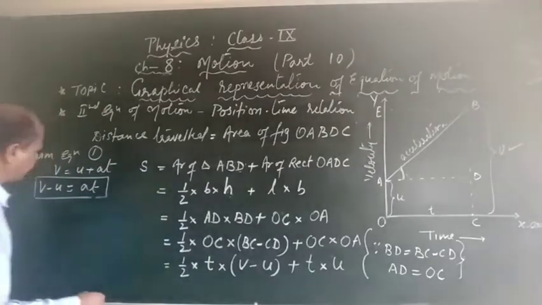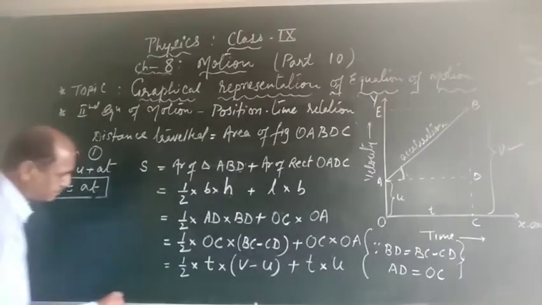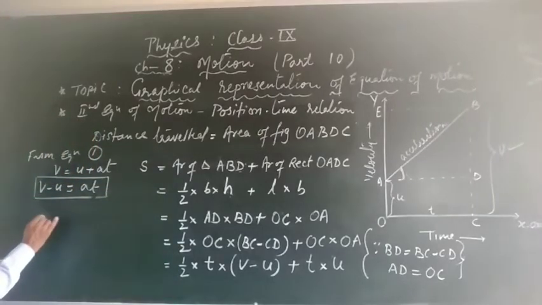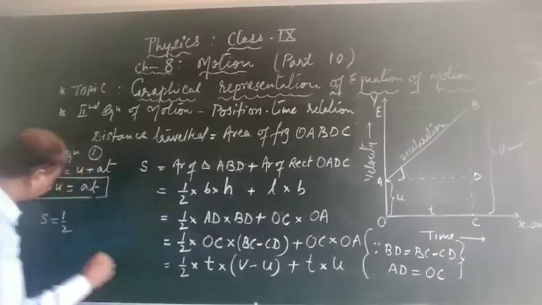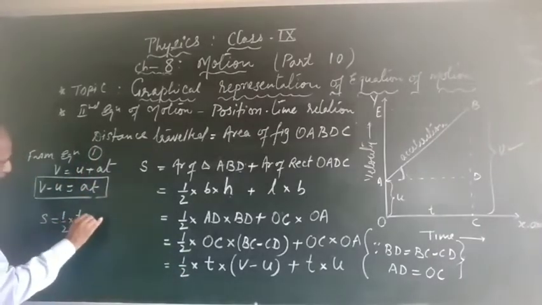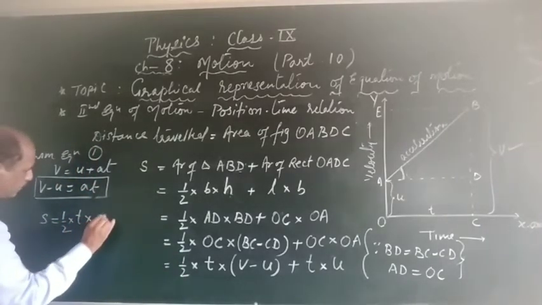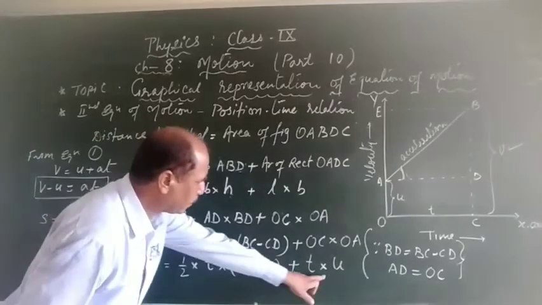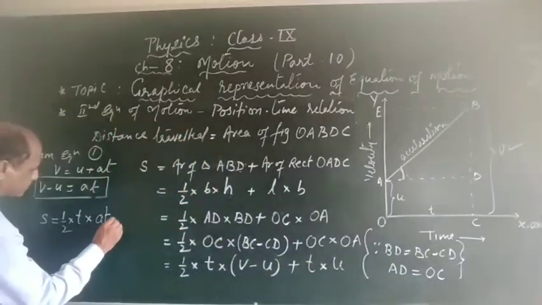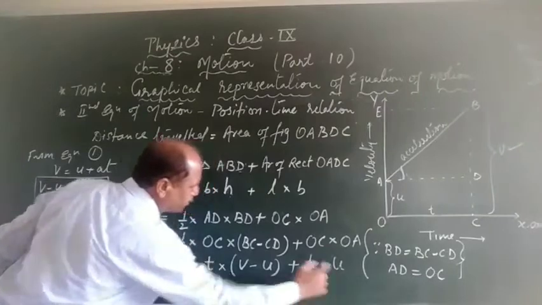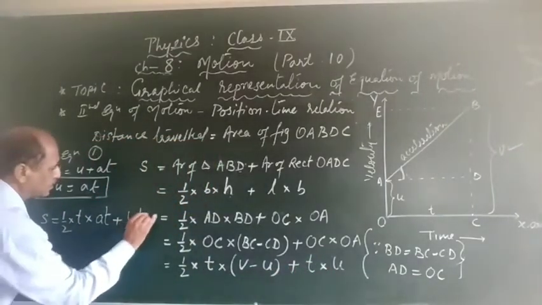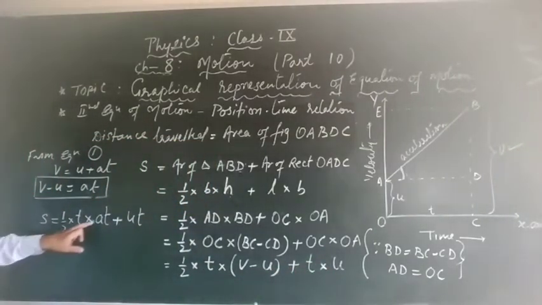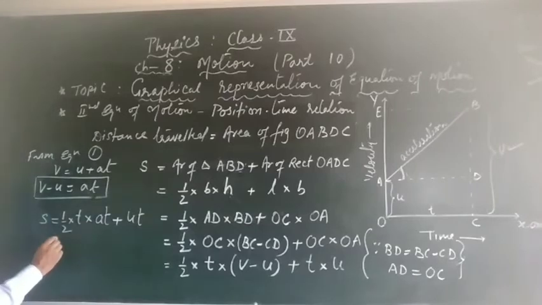So substitute here. What will be the equation obtained now? s is equal to half t into (v minus u, that is at) plus ut. This is t into u, which means ut. Now t into t is what?